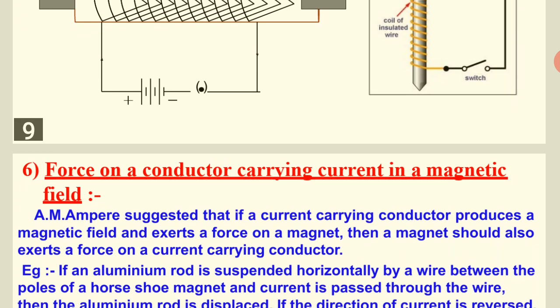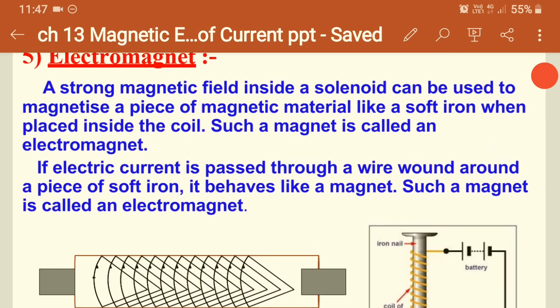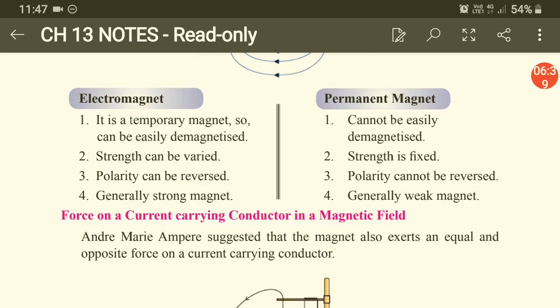Now what is the difference between an electromagnet and a permanent magnet? There is a big difference between electromagnets and the permanent magnets available in the earth's crust.